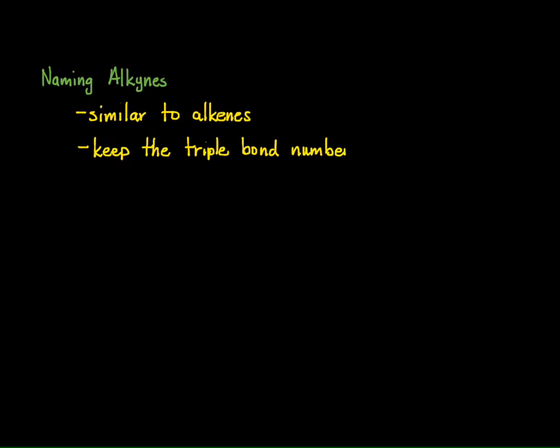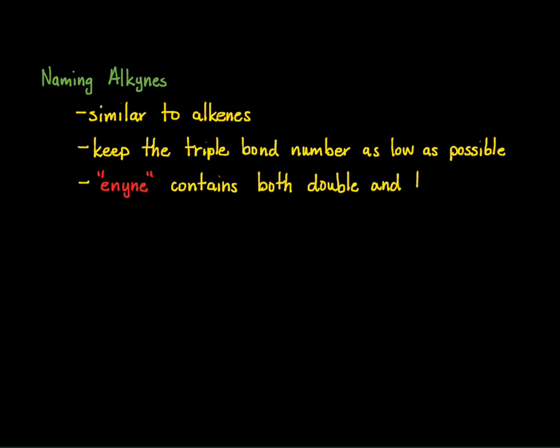Now, in general, in naming alkynes, the rules are very similar to that of alkenes. The key is to keep the triple bond location number as low as possible. If you have a double and a triple bond in a particular molecule, these are called ene-ynes. Ene-ynes contain both double and triple bonds.